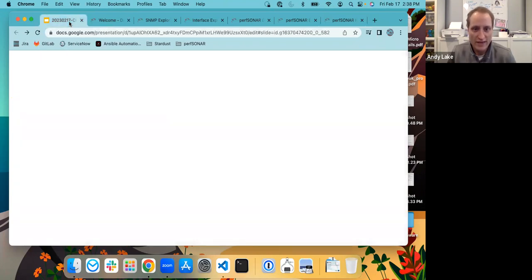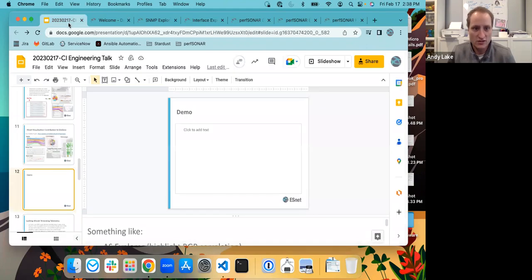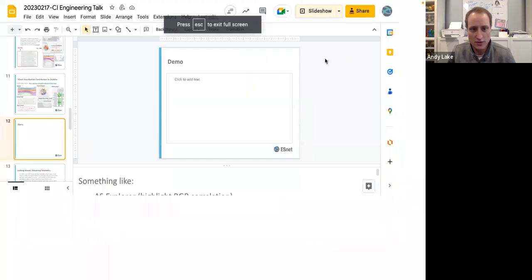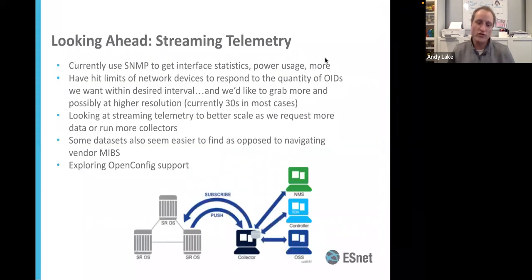And so the last few things I want to cover are some additional work that we're doing and some stuff that's coming down the pipeline that might be interesting to folks. We have a number of other efforts we're working on to enhance the service. I mentioned the SNMP stats a lot.